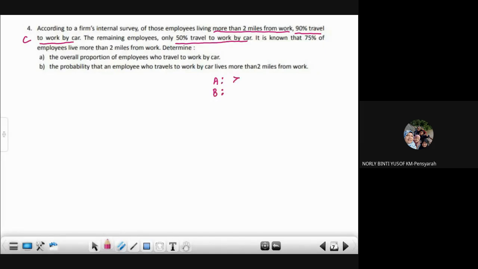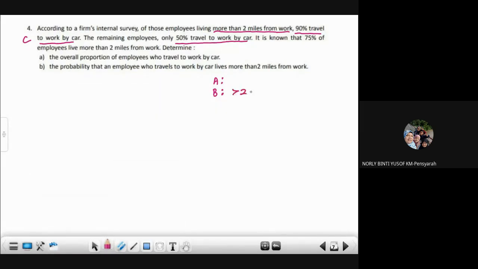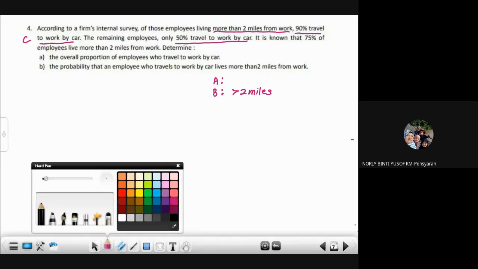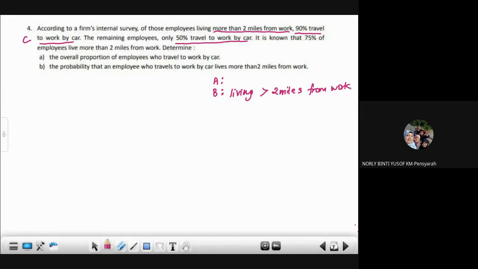So living more than 2 miles from work is your B. Living 2 miles from work.